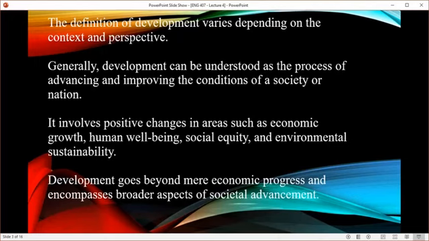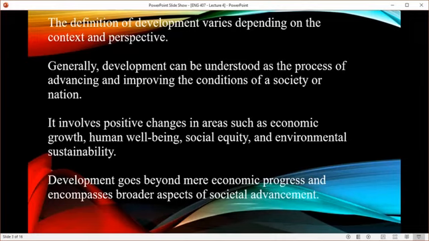It doesn't happen by chance or at a go. It is a process. So development is a process. It doesn't happen by chance. It doesn't happen accidentally. It involves some process, some positive changes in the areas of economic growth, human well-being, social equity, and environmental sustainability.